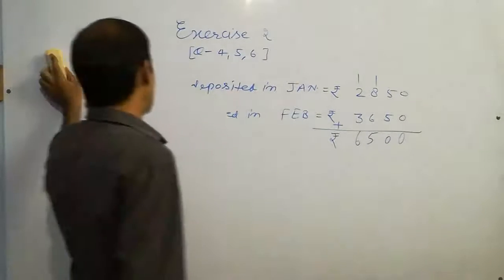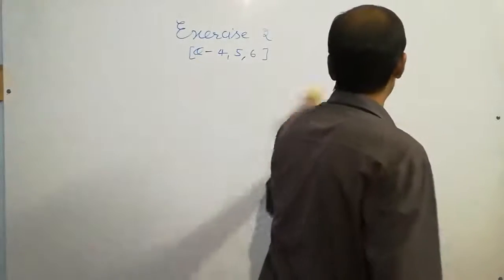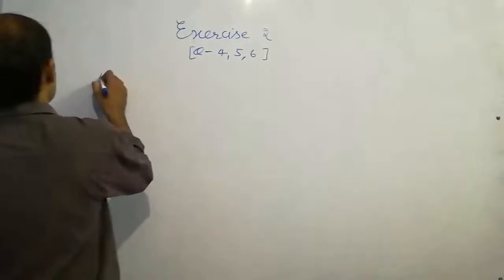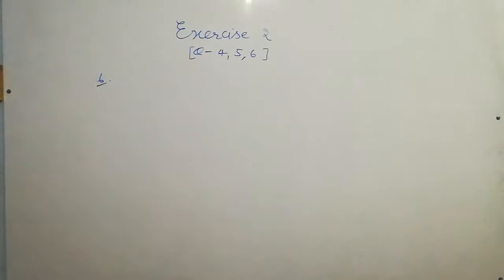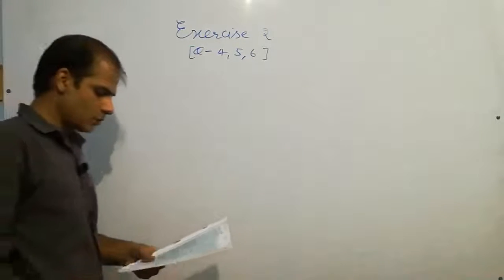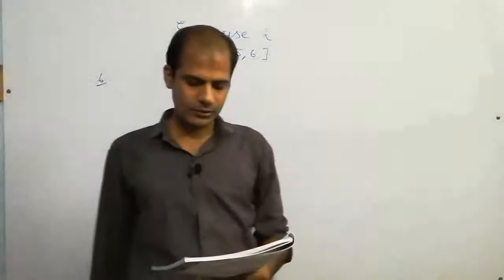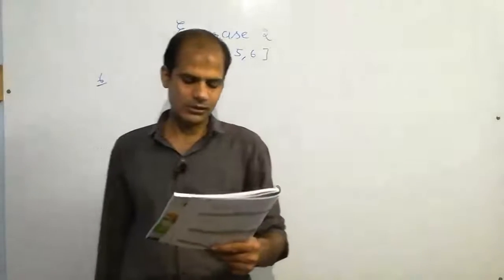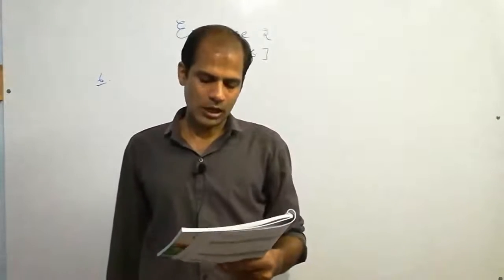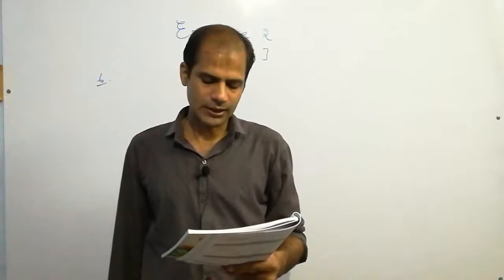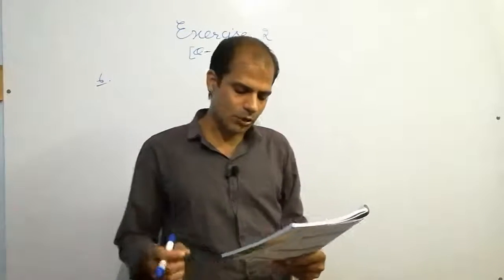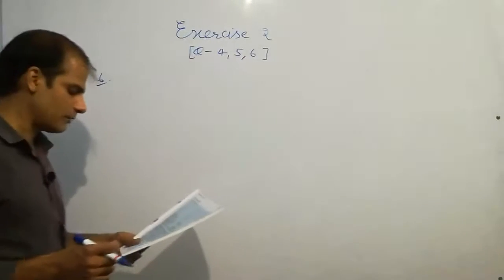And the last question is question number 6. Anshu bought a cycle for rupees 2999, and Ruchi bought a cycle for rupees 2650.